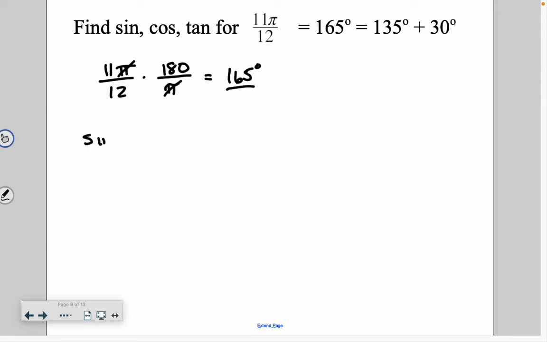If we take the sine of 135 plus 30, that's what we're actually taking a look at. Try this one on your own. Write it out, and then start to evaluate it. I'll give you a couple of minutes to see if you can get the exact answer for the sine of 165.